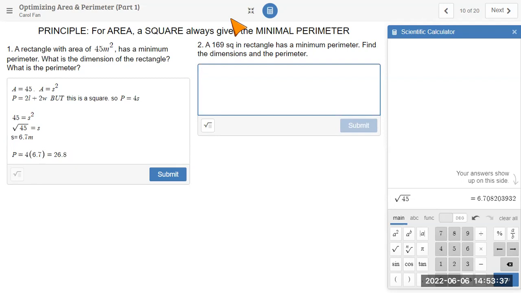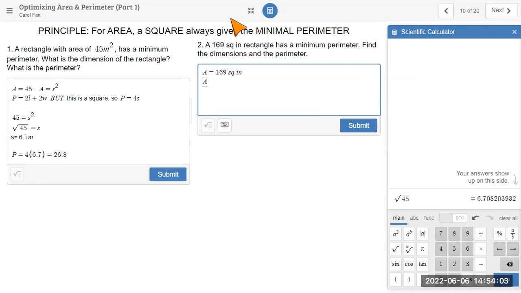Let's do another question similar to that. I have a 169 square inch rectangle, and I want it to have a minimal perimeter. Find the dimensions of the rectangle. So I know that the area is 169.